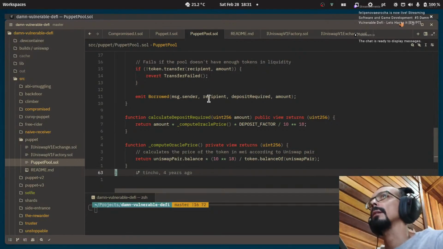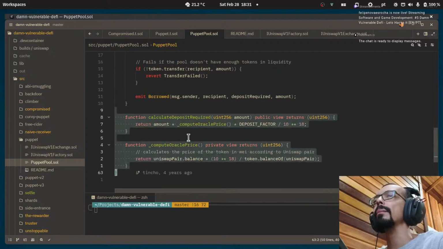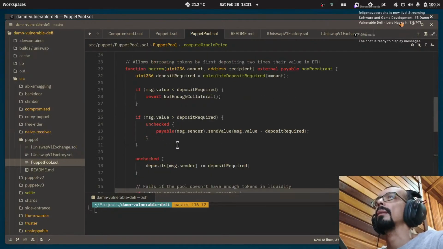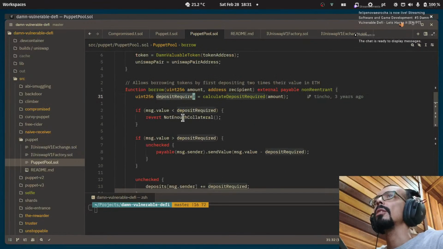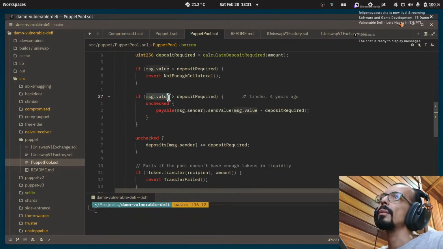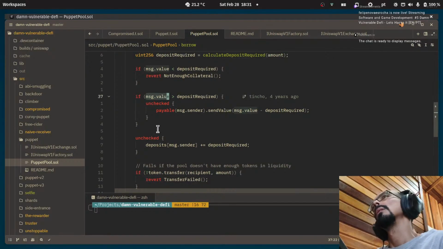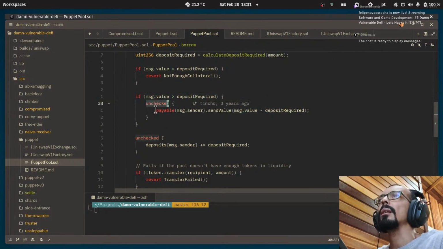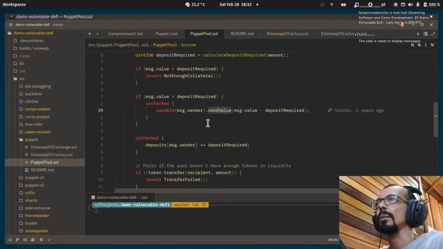All right, so probably the thing is going to happen here. So let's continue to see. They check the deposit required. If the value is less than the required, it should be not enough collateral. If the value is greater than the deposit, then they're going to do an unchecked send value.